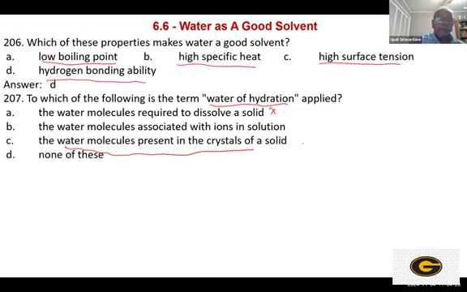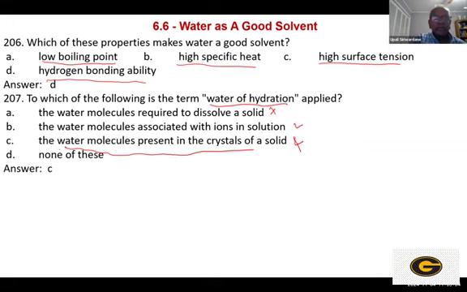Which of the following terms does water hydration apply to? The water molecules hydration. This is water molecule associated. This is the correct answer. This is present in the crystal. Water hydration applies to this.